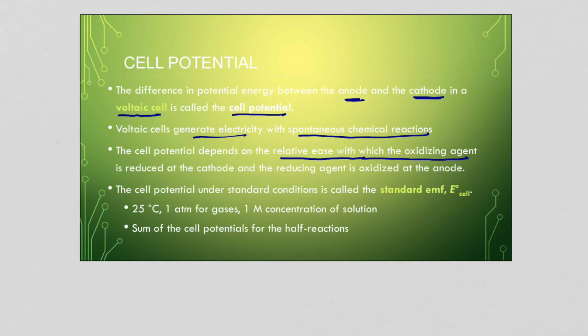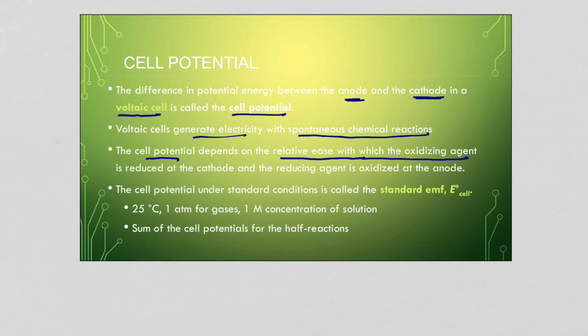So it's the relative ease at which your oxidizing agent is reduced or gains electrons at the cathode, and how easily the reducing agent loses electrons at the anode. So it depends on the species involved how big this potential is going to be.